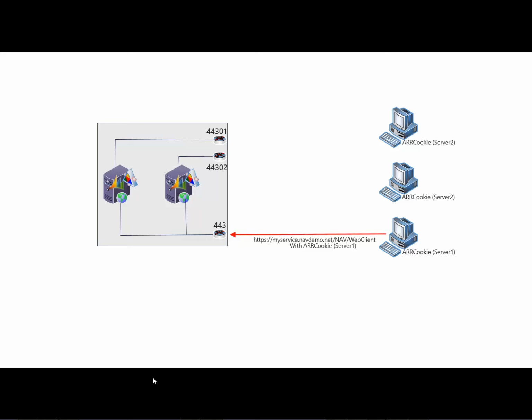Now, when user number 1 connects again, he's going to get server number 2 by the Azure load balancer on port 443. But since he's sending a cookie stating that he wants to talk to server number 1, ARR, or application request routing, on server number 2 is actually going to forward his request to server number 1, and there he's going to now maintain a sticky connection to that one.